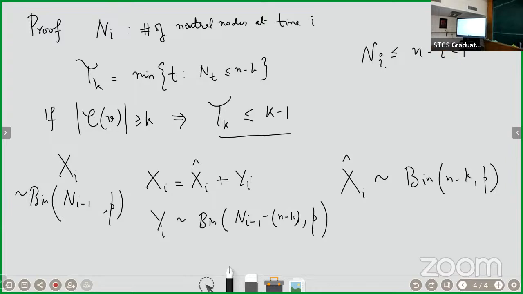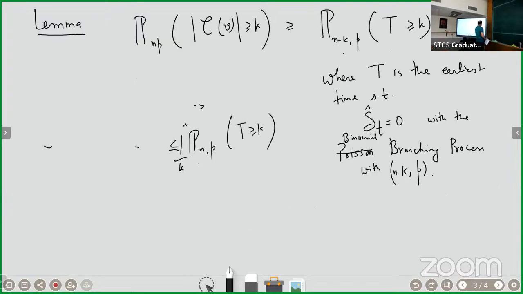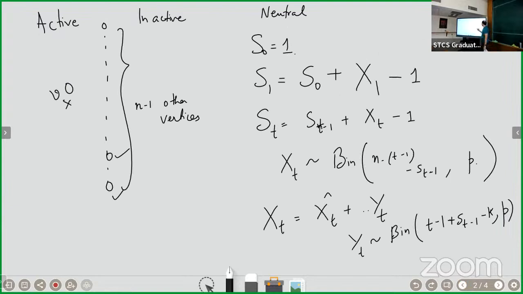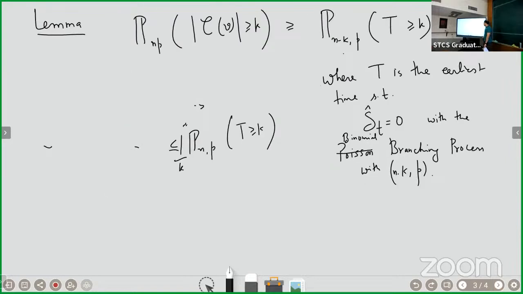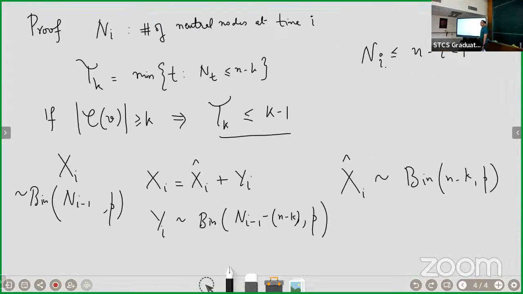Okay, that is one big problem. What is this? This is exactly the number of neutral nodes at that point of time. Now, if you put these three things together, you can see that xi has the right distribution.